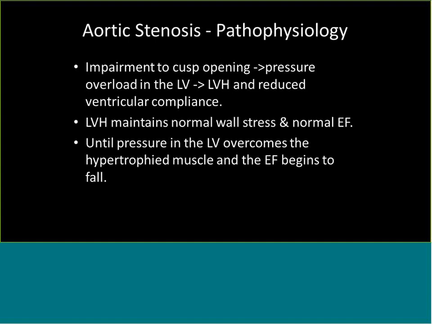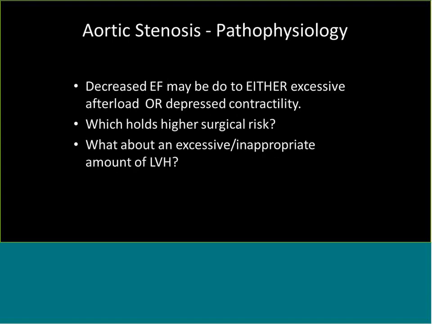Ventricular hypertrophy does a good job because it maintains normal wall stress and a normal ejection fraction in spite of the decreased flow across the valve, until the pressure in the left ventricle overcomes that hypertrophied muscle, and then the EF begins to fall. And that's when it becomes symptomatic.